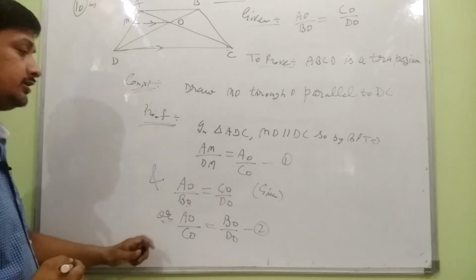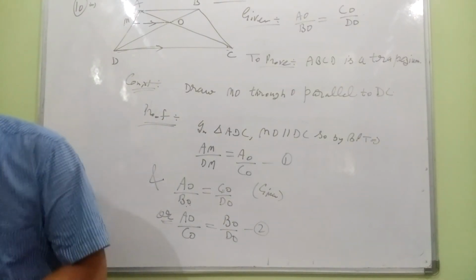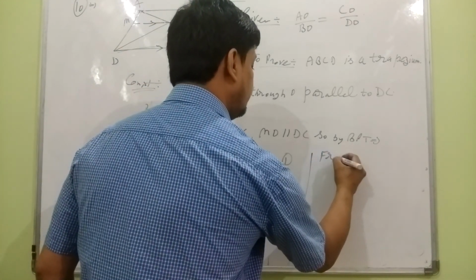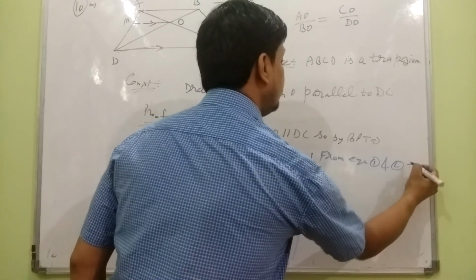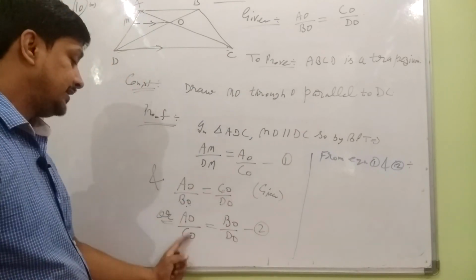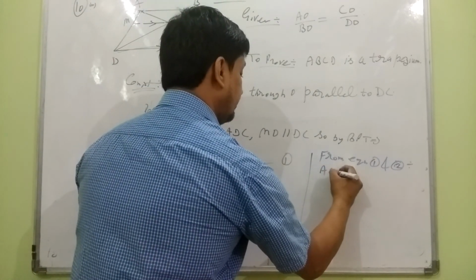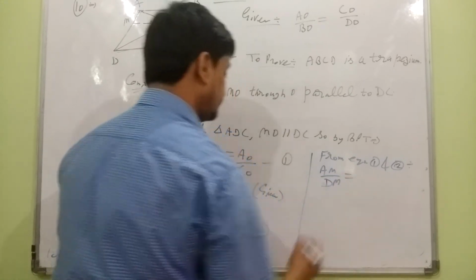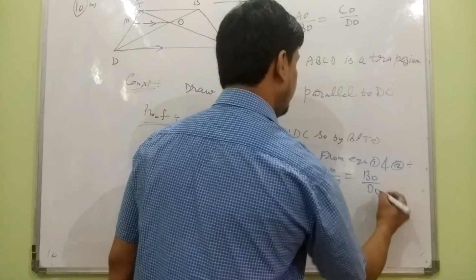So this is equation number 2. Now compare equation 1 and 2. What will you get? You know this side is equal, so this side is also equal. So AM upon DM is equal to BO upon DO.